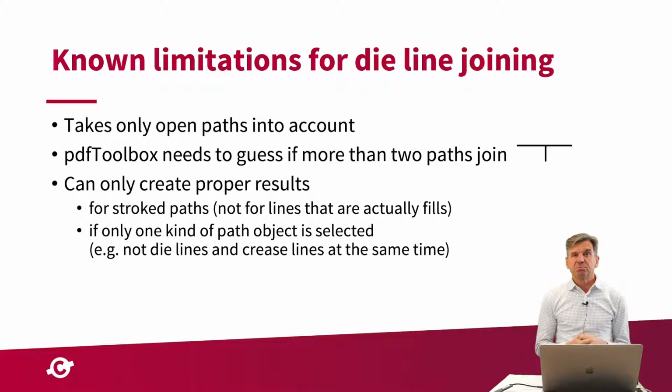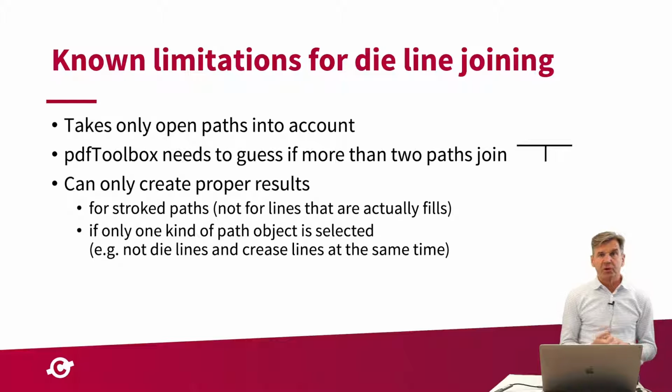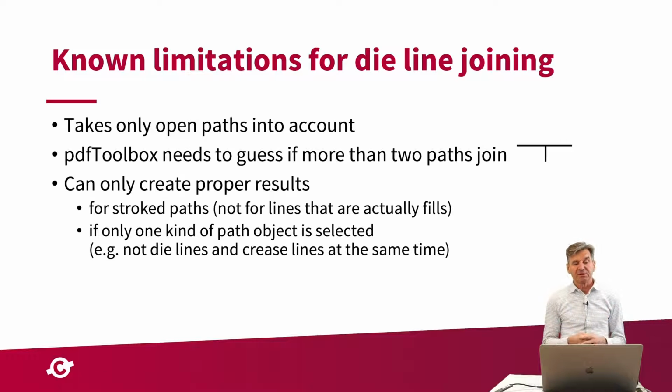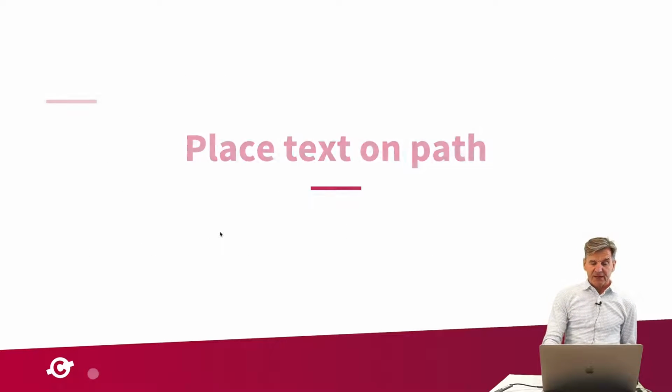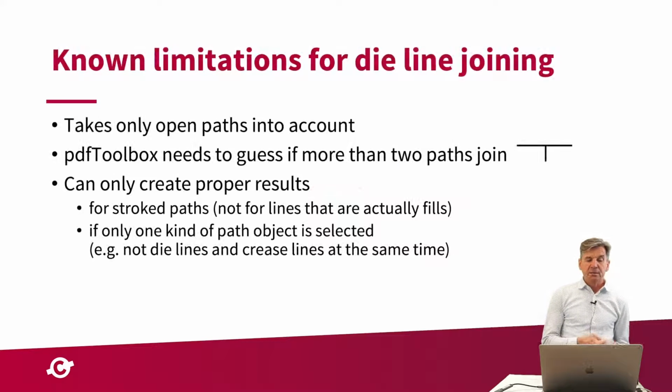But you wouldn't usually get nice results out of this from joint vector paths. So you should limit it to stroked path objects. And you should make sure that you only select one path object.